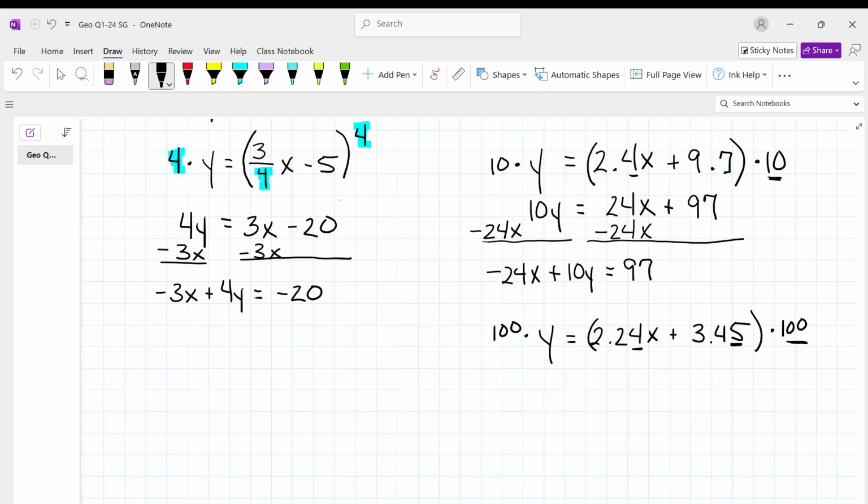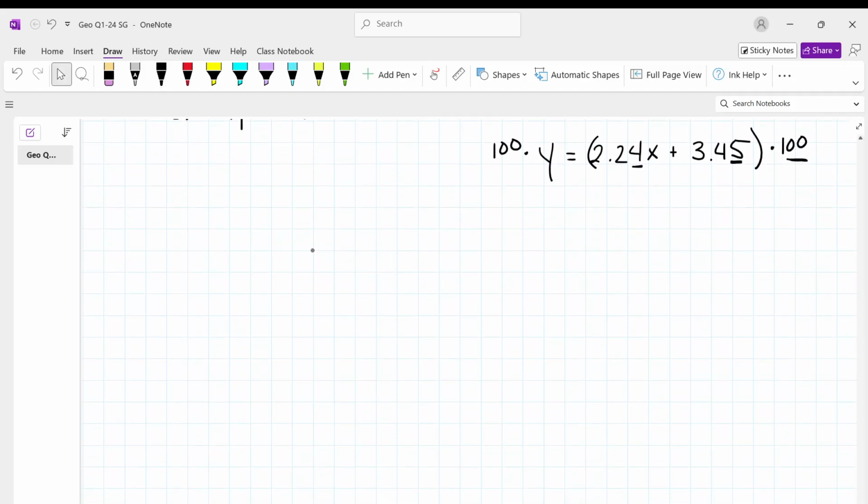All right, the second type of problem you're going to see. The directions are going to be to find the intercepts and graph each line.